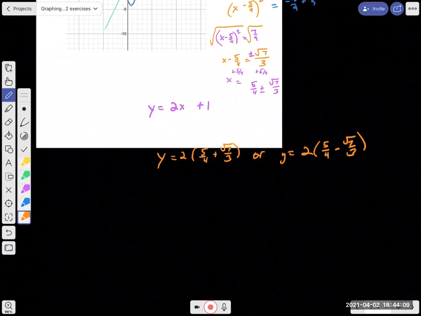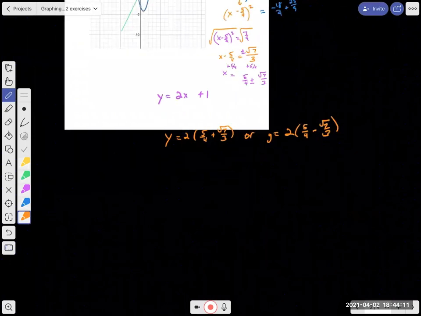So what would your answer be? So your answer would be whatever this is, right? So this is what, 10/4 plus 2 times square root of 7 over 3.